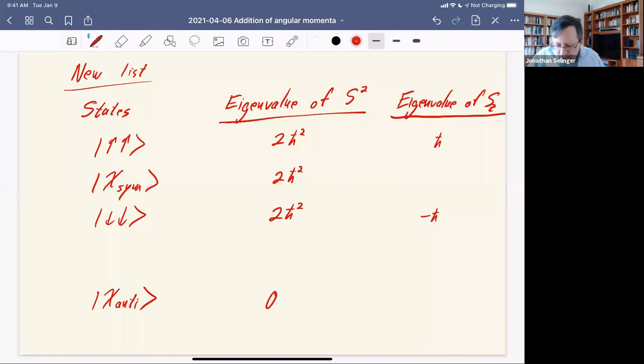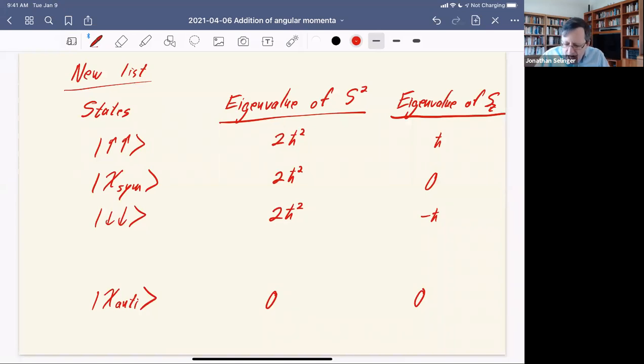For the symmetric state, that's a combination of up down and down up. Each of them has an eigenvalue of 0, so the sum also has an S z eigenvalue of 0. Likewise, the difference has an S z eigenvalue of 0.